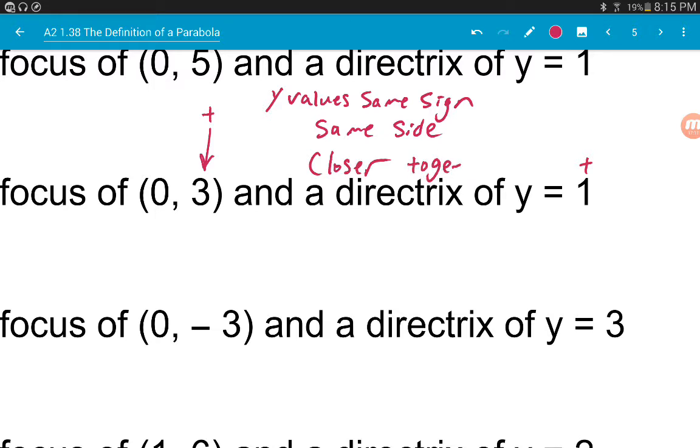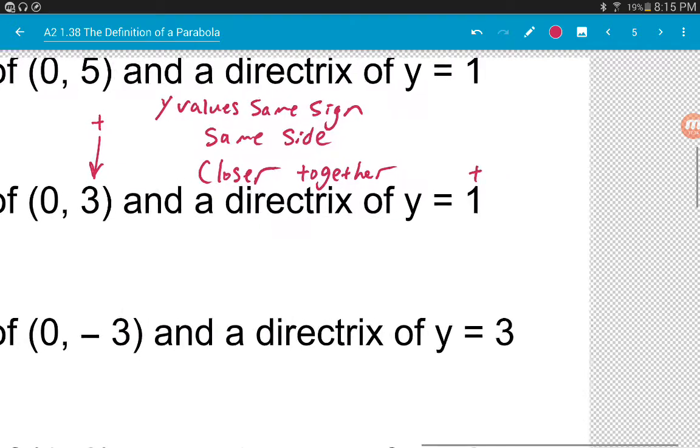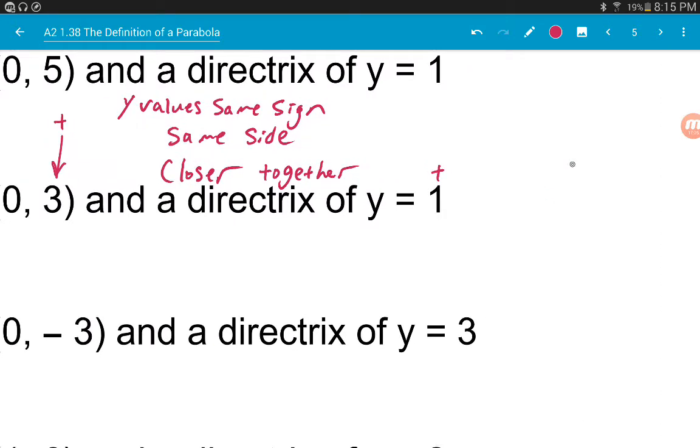And they are closer together. That logical connection makes sense. They're both above the x-axis. They're the same sign, so that means that they're closer. They're on the same side. They would both be up here, right?